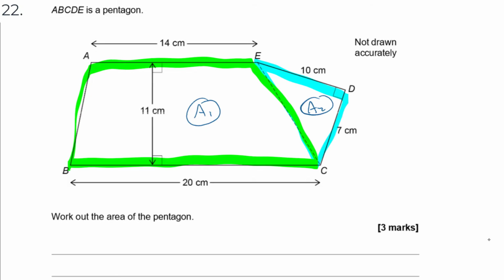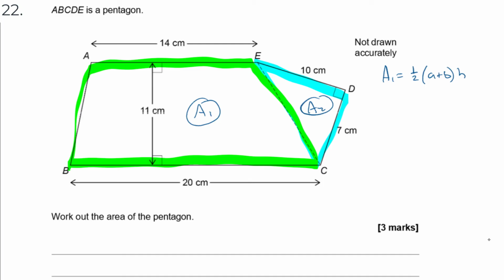I'm going to work them out separately, and then combine them together to find the total area. Okay, so area 1 first up, that is a trapezium, and the formula for a trapezium is a half, open brackets, a plus b, times h, where a and b are the 2 parallel sides and h is the distance between them.